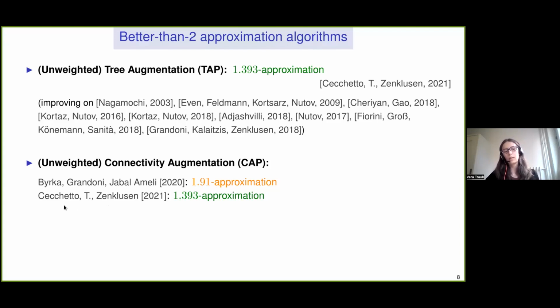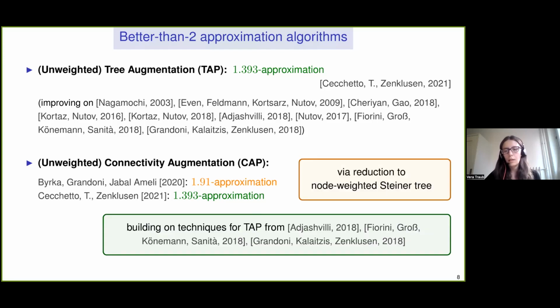And recently, we could also improve this to a 1.393 approximation. So this is actually matching. You see here, that's the same approximation ratio as for the unweighted tree augmentation problem. So here we could actually generalize the methods from tree augmentation to get the same result also for connectivity augmentation.